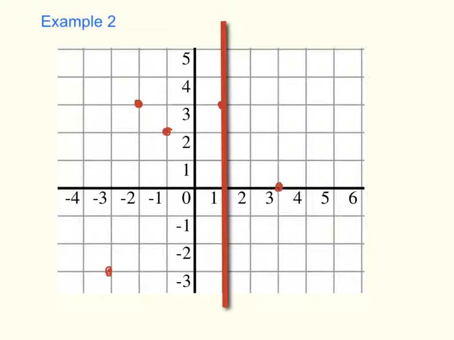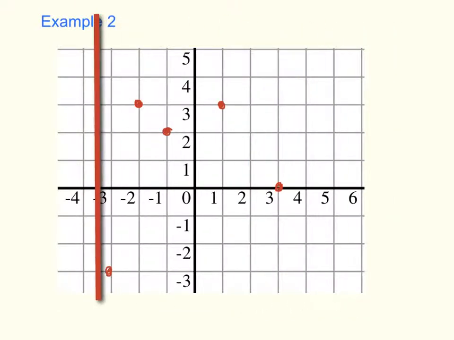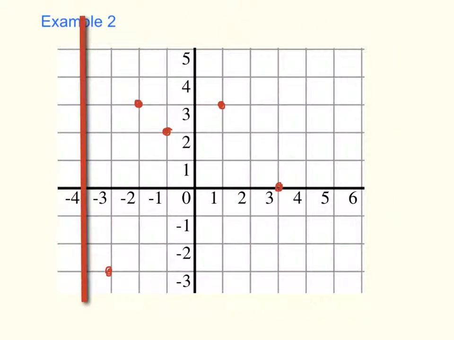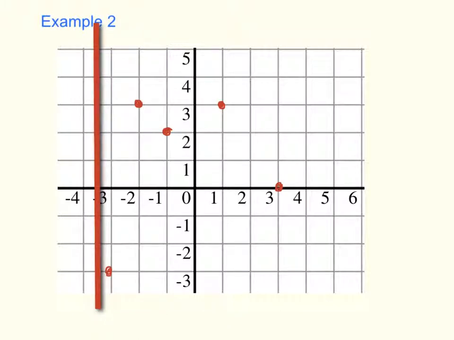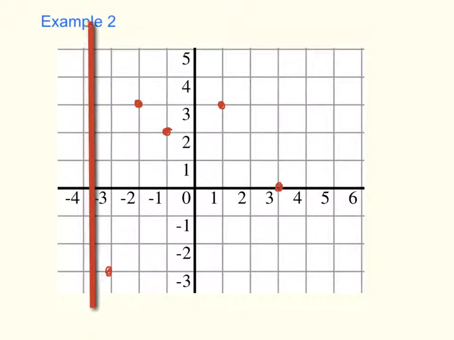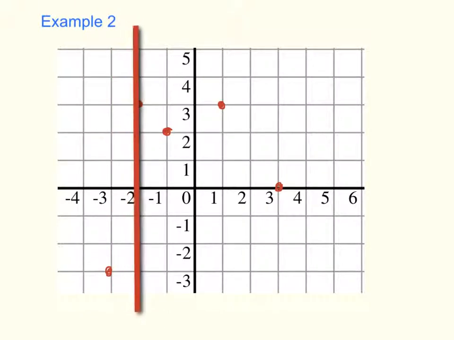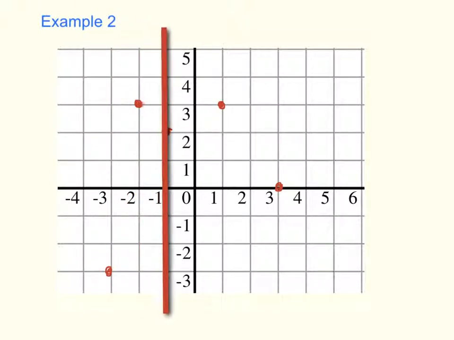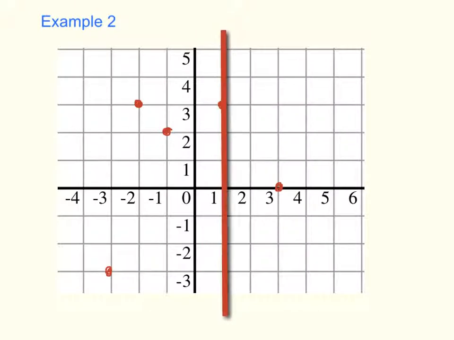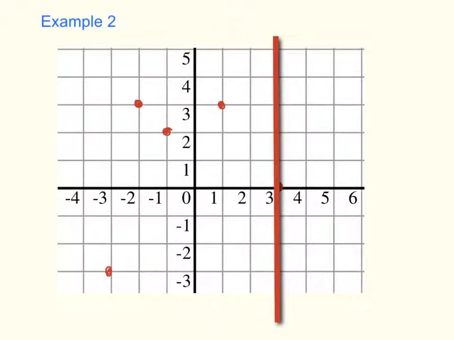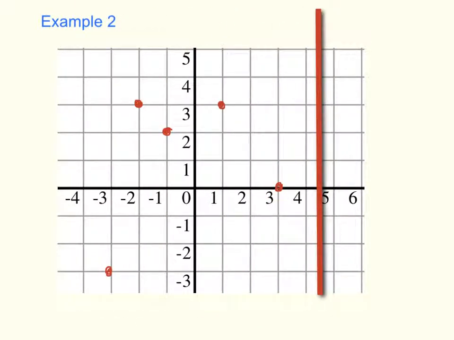There we go. So I'm going to use this, and I'm going to move it. So graph the ordered pairs, we did that. Pass a vertical line across the graph. So we go across. Oh, there it crosses once. There it crosses once. Crosses once. Crosses once. Crosses once. Therefore, this example here would be a function.